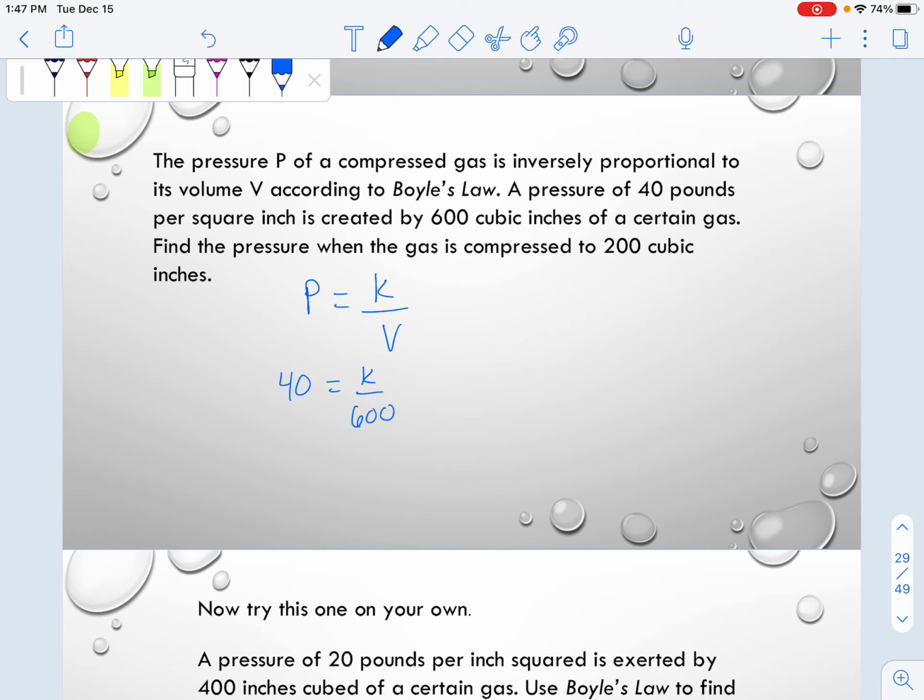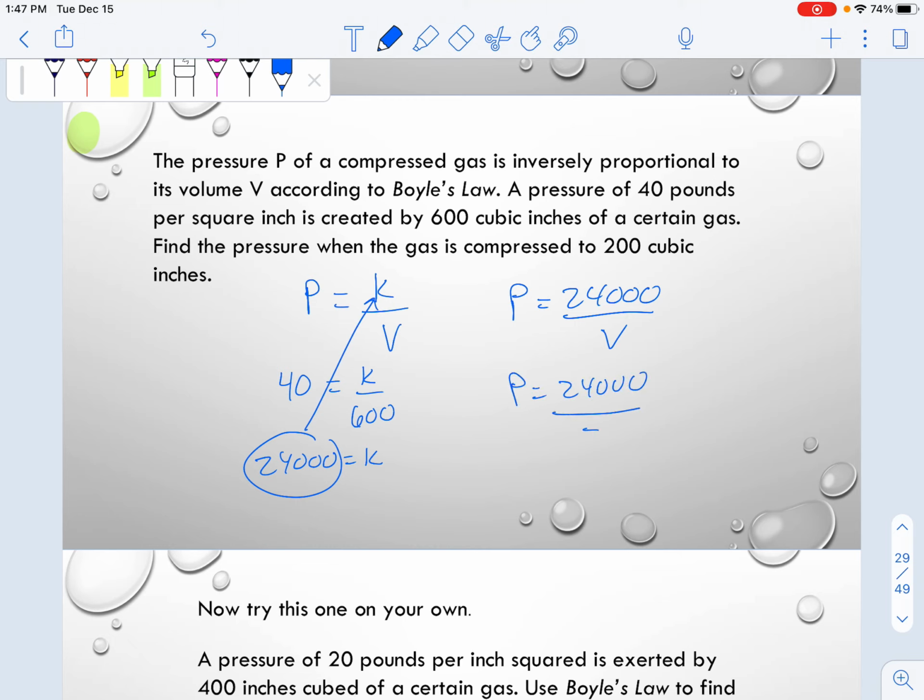That's your volume, and we can solve this. So we get 24,000 equals k. Substitute that back in, and then find the pressure when the gas is compressed to 200 cubic inches. We don't know what P is. So we get a pressure of 120 pounds per square inch.